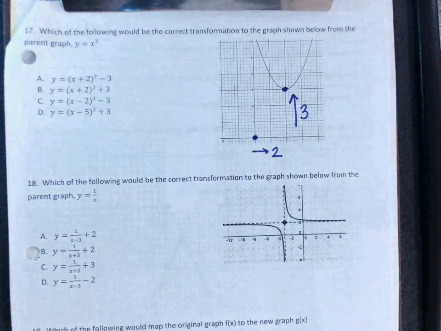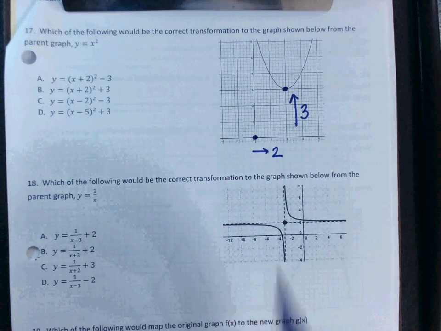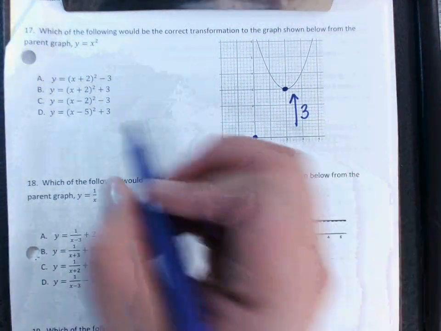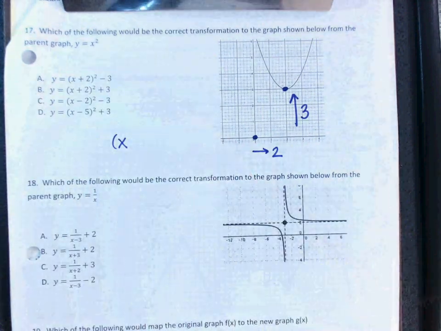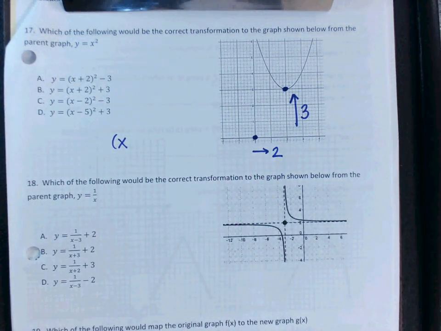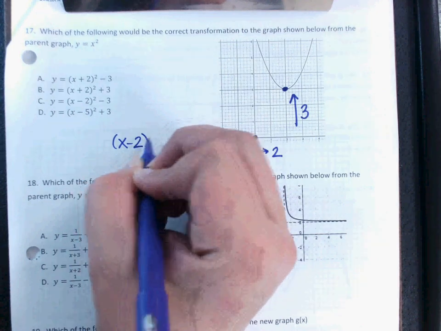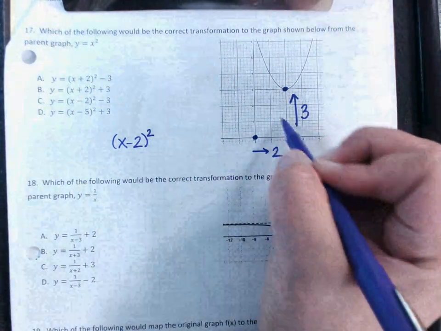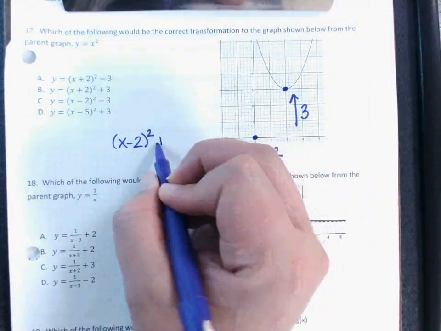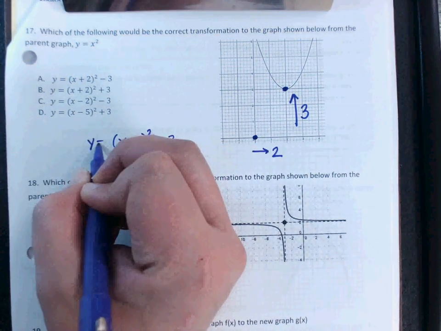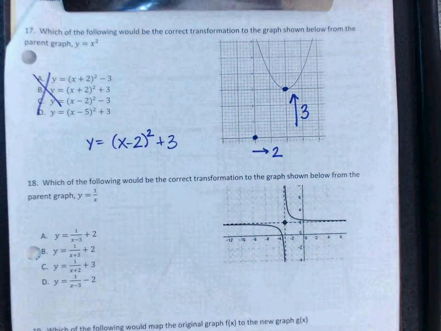Up 3. So when they did the equation, what should they have put with x if it was forward 2? Plus or minus? Minus, because it's always the opposite. So it should have been minus 2 squared. And then with an up 3, what would you put at the back? Plus 3. So you'll notice that none of those answers are right. It's just going to be that one.